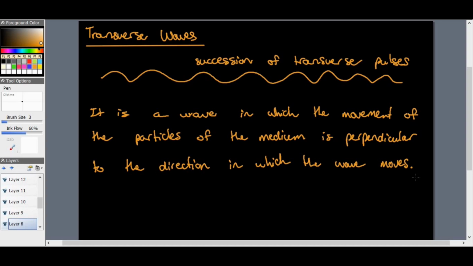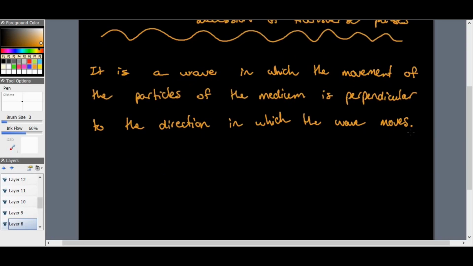There are a couple of key points of a transverse wave, a couple more terms. One is known as a crest. A crest of the wave would be this little point here in yellow. These will all be crests, the top end of the amplitude, which is basically the point that is maximum.